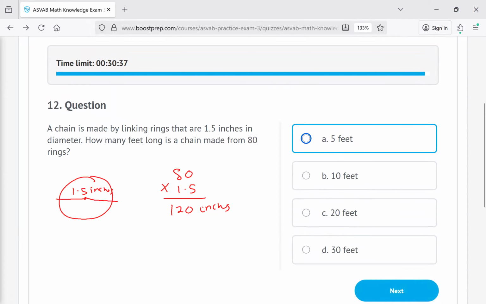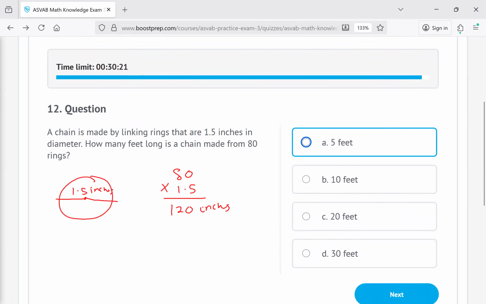Here we are. So a chain is made by linking rings that are 1.5 inches in diameter. How many feet long is a chain made from 80 rings? So imagine you have this chain and it's in rings and the diameter is 1.5.